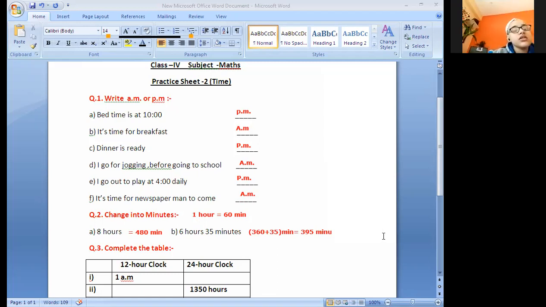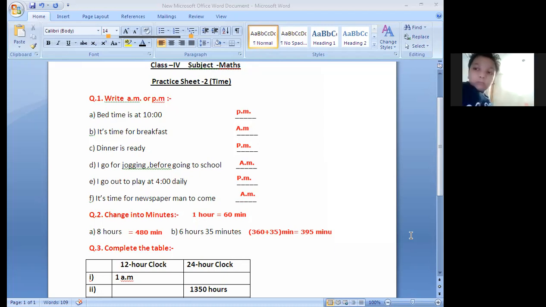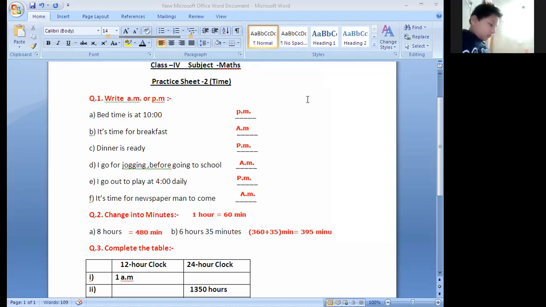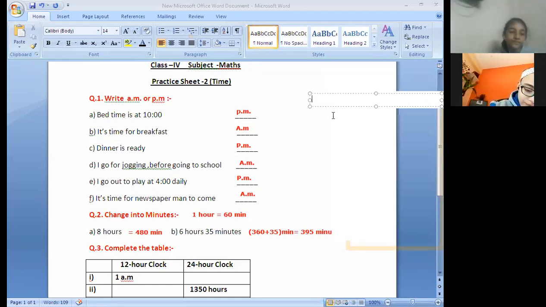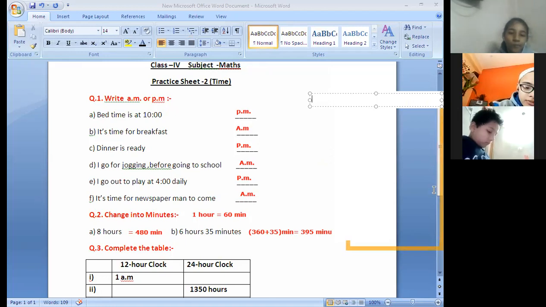Sarthak Pal, keep your camera on. Sarthak Pal. Beta, keep your camera on. Divyansh, unmute yourself. Divyansh, quickly unmute. Divyansh, your options are not visible to me.